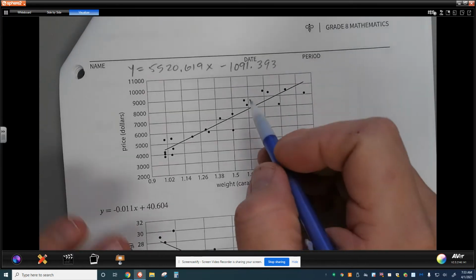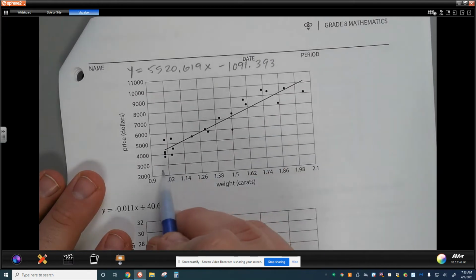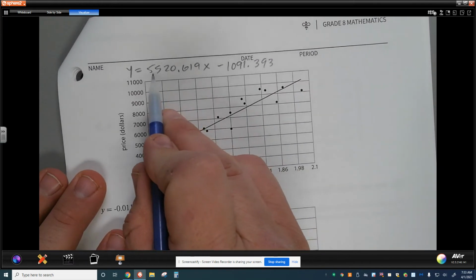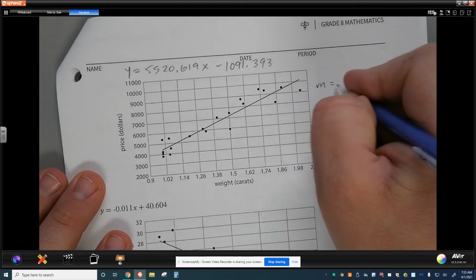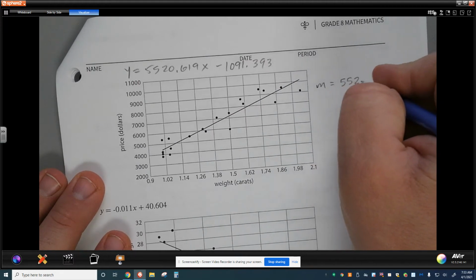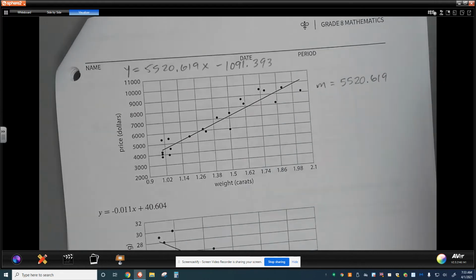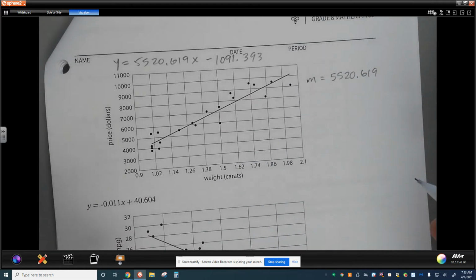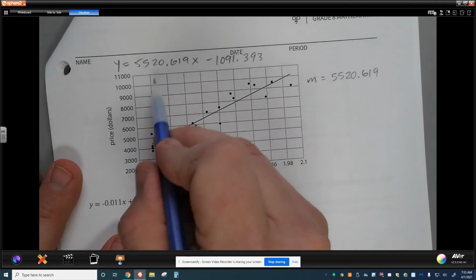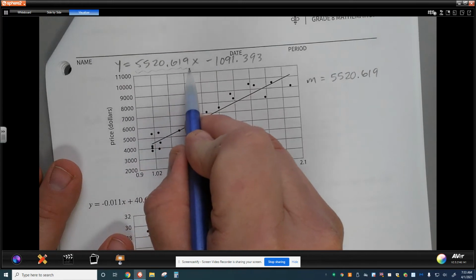So as we look at the diamonds, we're talking about the slope. We know the slope is equal to 5,520.619, and what we're after is to interpret that slope. We see it right here as the coefficient of x.